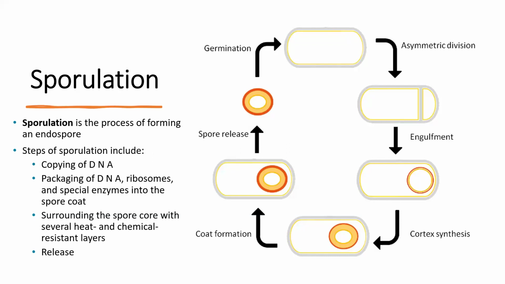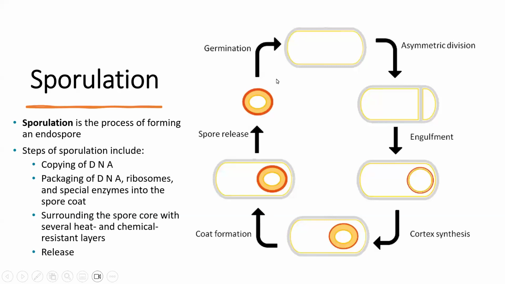And then you're going to make layers upon layers upon layers, which help them become more heat resistant and chemical resistant. And finally, the spores are going to release, and that spore can exist for months or years or whatever. I mean, they have found spores in like 1,000-year-old honey, I believe.